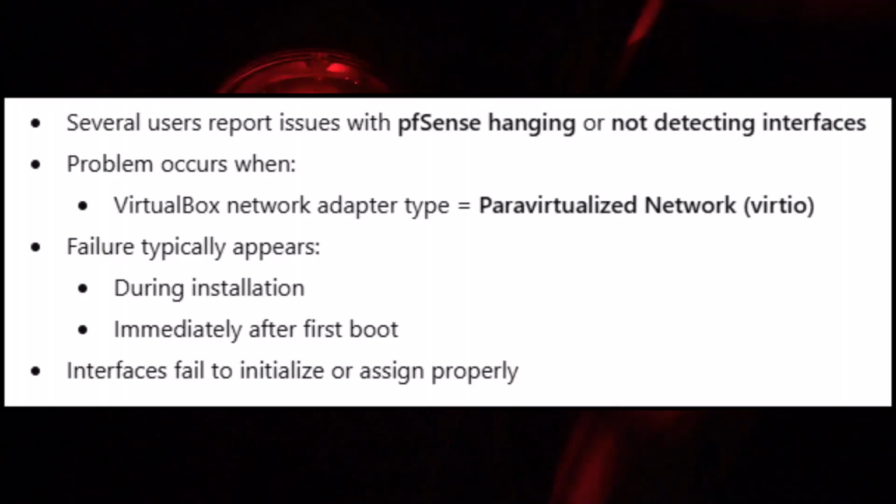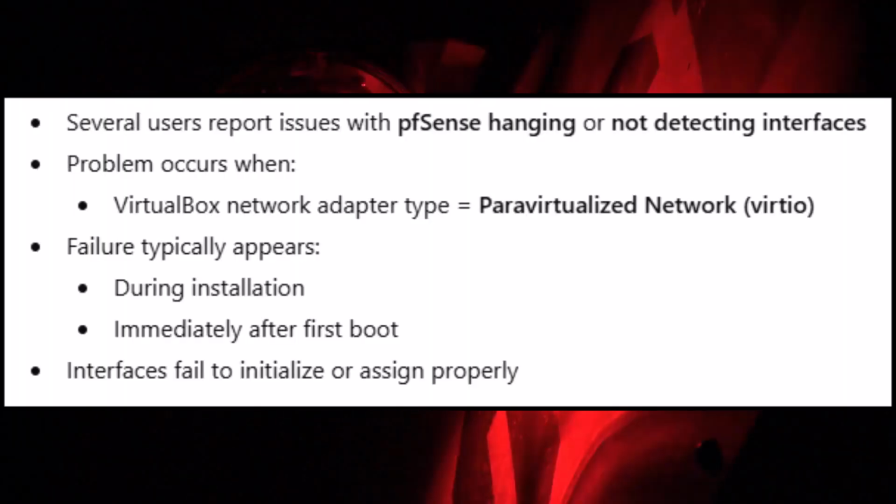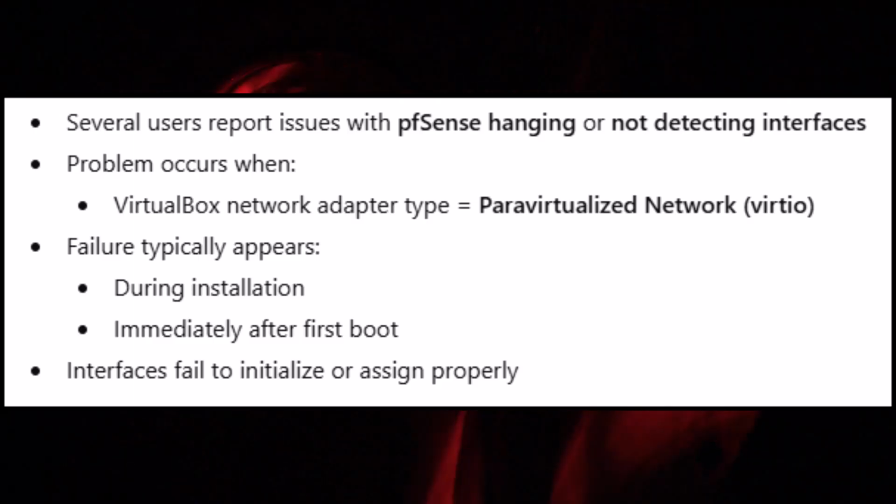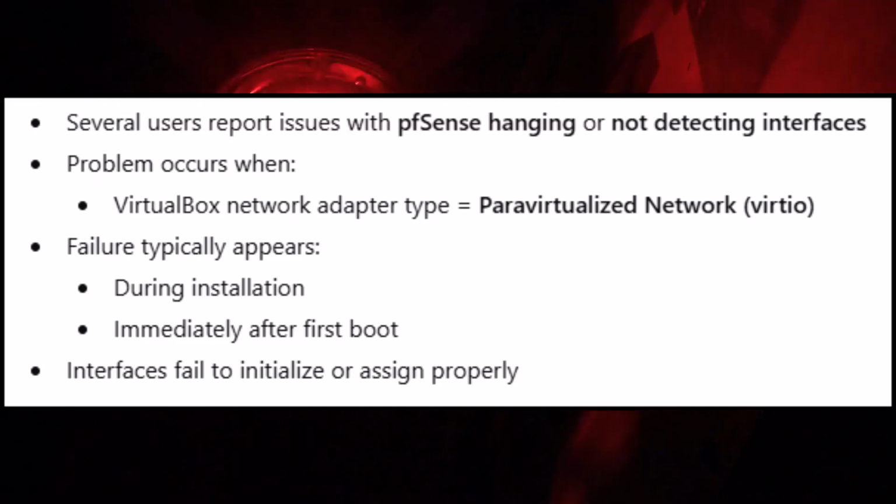Okay, something I need to point out. As of the middle of February in 2026, there is an issue with the current VirtualBox and pfSense release that it will basically hang or fail to detect the interfaces when you use the paravirtualized adapters. So when you set the network adapter type to paravirtualized in the VirtualBox settings, pfSense may fail to bring up the interfaces.